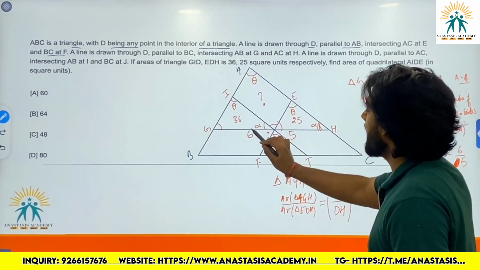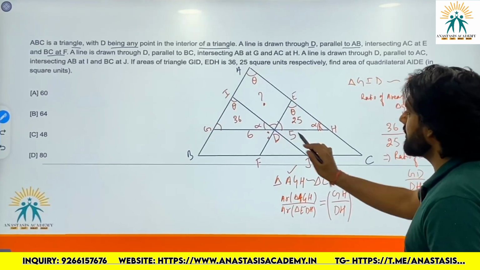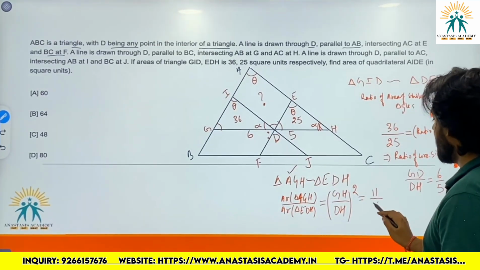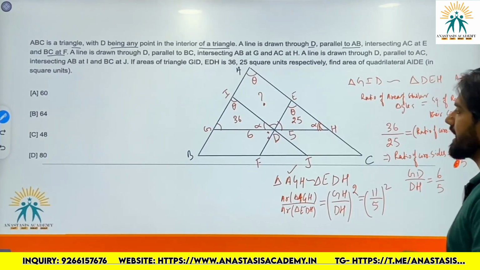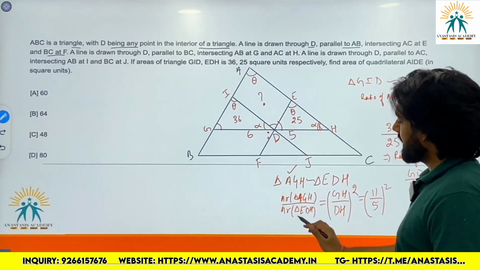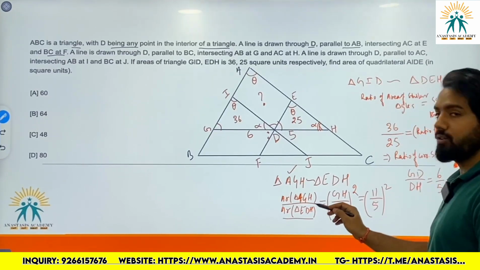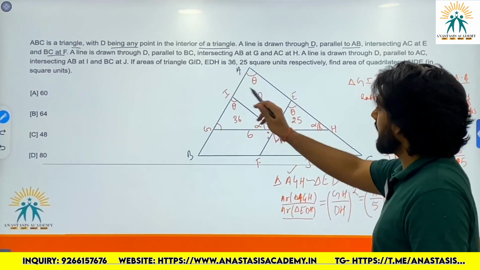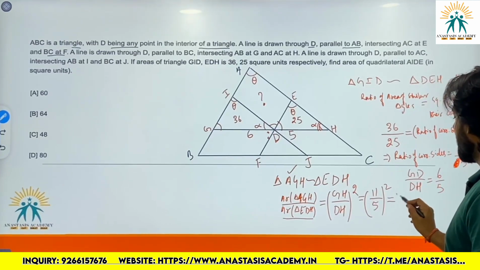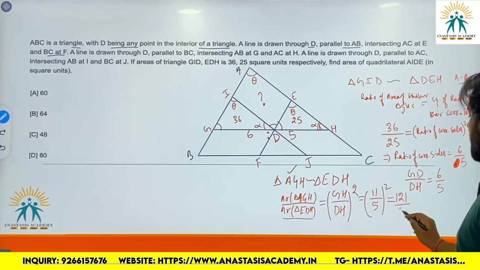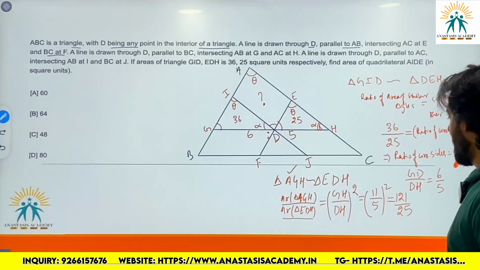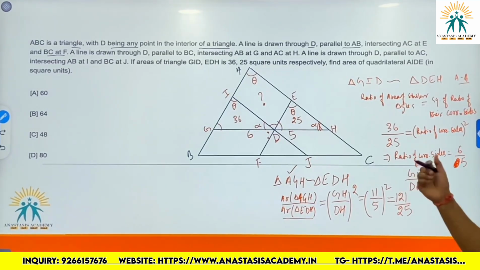Now I know GH is equal to 11 units, 6 and 5, 11 units, and DH is 5 units. So the ratio of the area of this bigger triangle and the area of this smaller EDH would be 121/25. Now this question is solved.